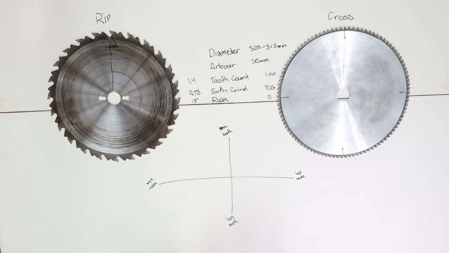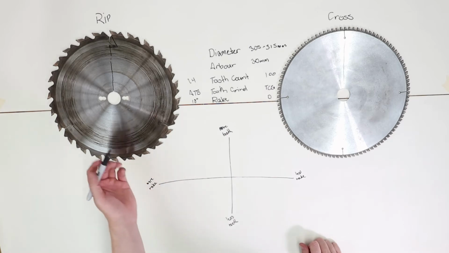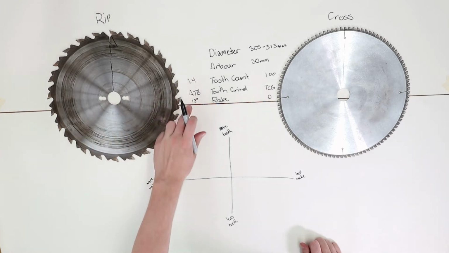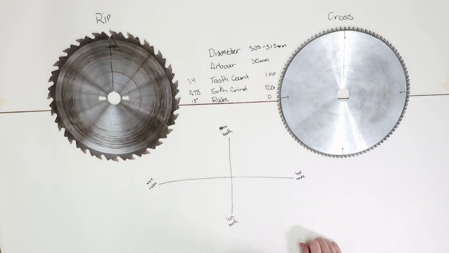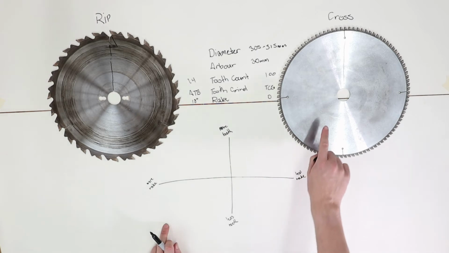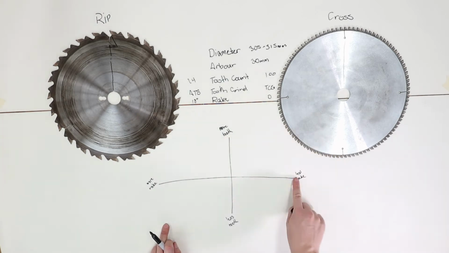The more teeth you have, the less rake you can have. The more rake you have, the fewer teeth you have. So you can see here that low tooth count, high tooth count, low rake. So more rake, fewer teeth. This rip blade is somewhere down here. Cross-cutting, more teeth, less rake, it's up here.